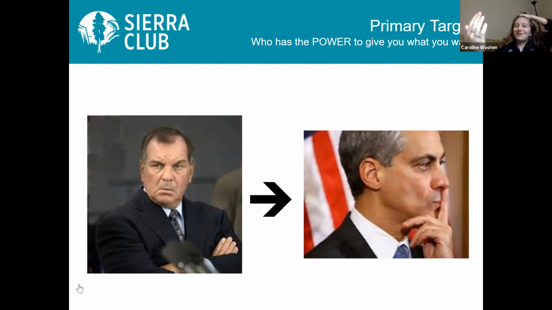Not a resolution, an ordinance. An ordinance we were trying to pass that would have basically forced a closure of these coal plants. And because of how Chicago City Council worked, where it was a very mayor-heavy situation, the mayor had the ability to get that ordinance passed or not. So those were our primary targets, the mayor. Next slide.